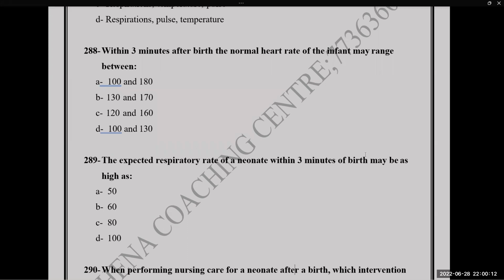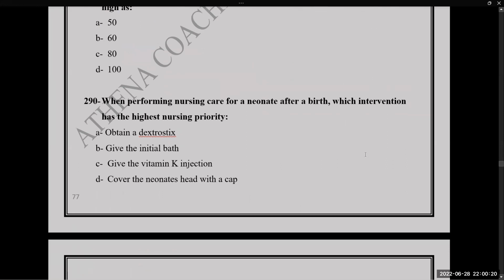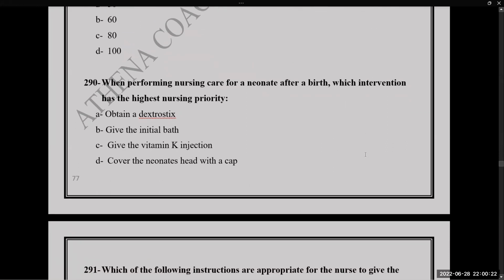So the maximum respiratory rate is 60. 40 to 60 is the answer. Next question. When performing nursing care for a newborn after birth, which intervention has the highest nursing priority? So these are the 4 things that usually we perform after delivery.